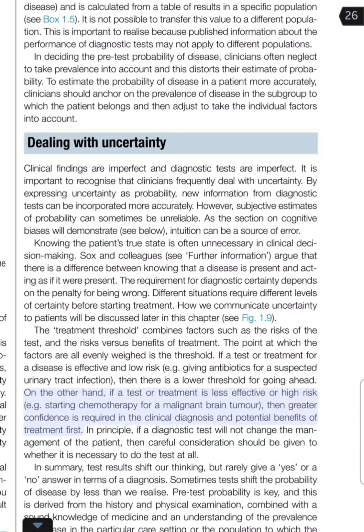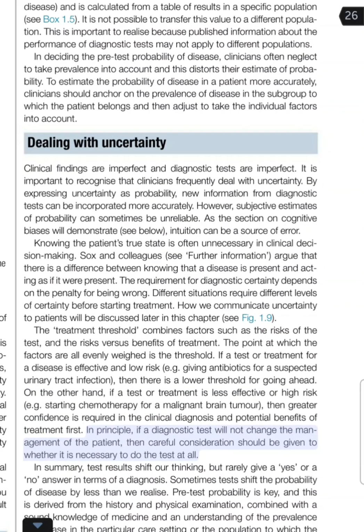On the other hand, if a test or treatment is less effective or high risk, e.g. starting chemotherapy for a malignant brain tumor, then greater confidence is required in the clinical diagnosis and potential benefits of treatment.